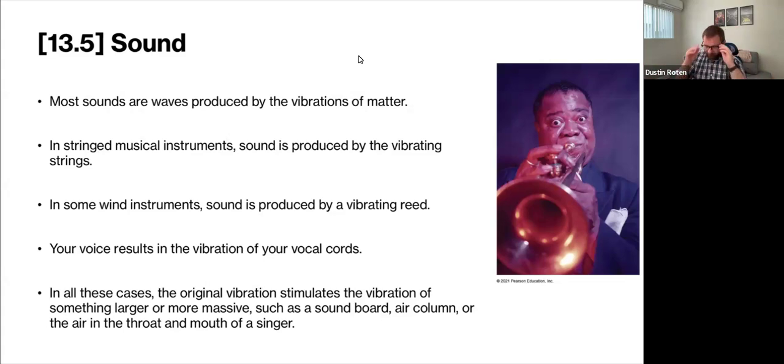No band people crucify me. A clarinet, I think, has a reed. If you blow into that, the reed's going to vibrate the air column inside. And your vocal cords vibrate, and that will also vibrate the air column inside your throat and mouth.